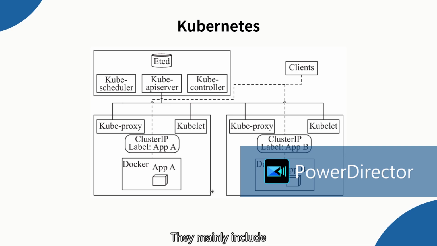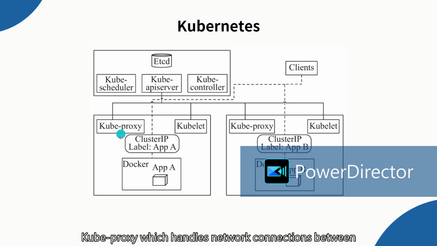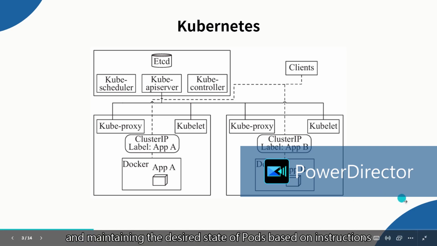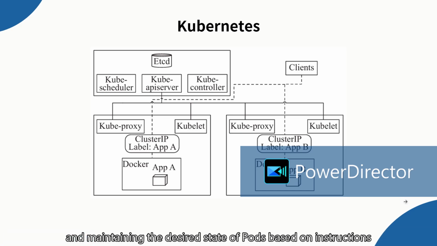They mainly include a Kube proxy, which handles network connections between nodes, ensuring smooth communication between services and pods. A kubelet, which is the core agent running on each node, responsible for creating and maintaining the desired state of pods based on instructions.